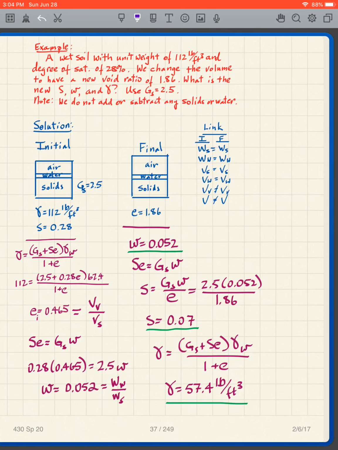It's straightforward because now I can work with this other shortcut equation. I have all the values, I plug them in, and I get that number for my gamma. Okay, I'll stop there.